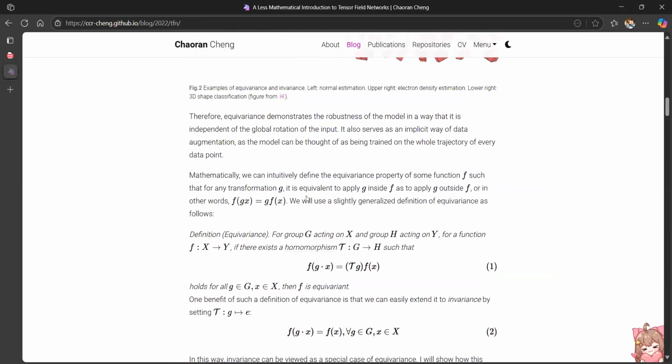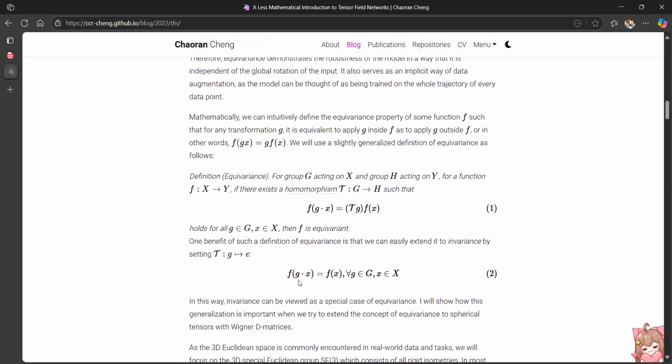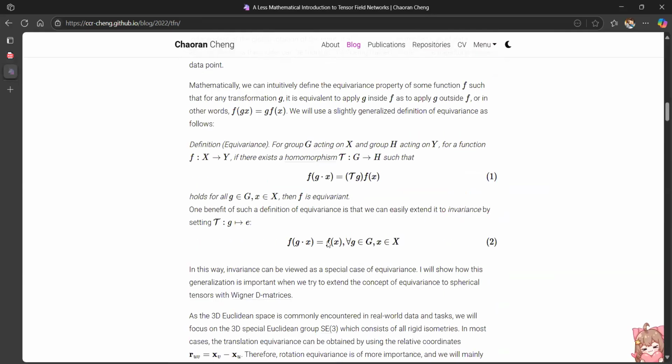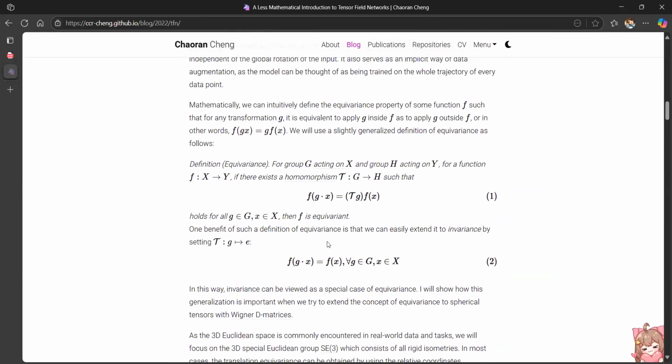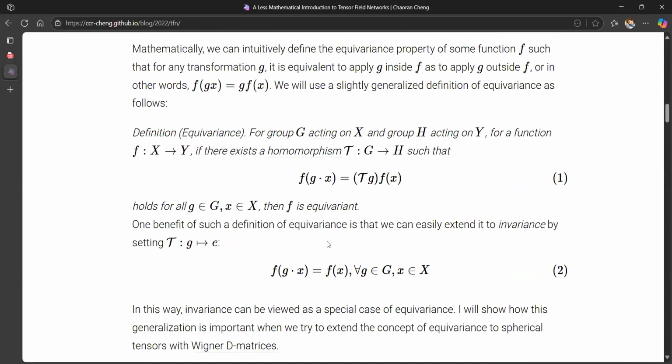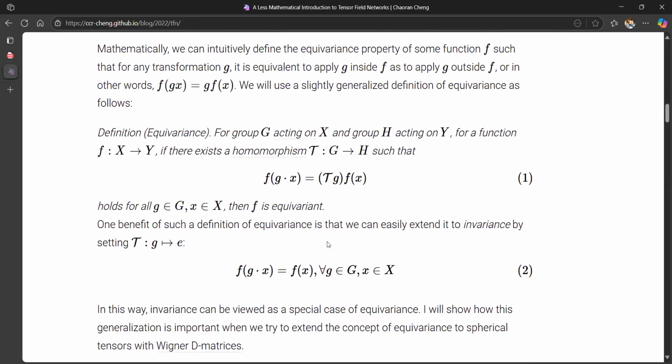So suppose that you have your neural network, which is, for example, some encoder, which is some function, right? And you have some group action on your data.